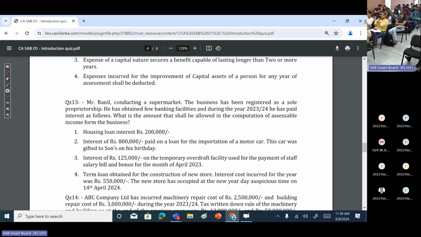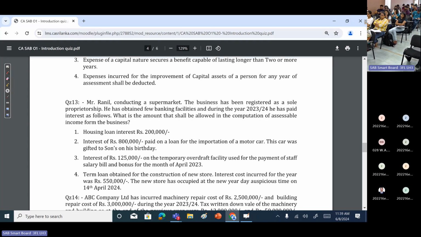What is the finance cost or the interest cost? What can we deduct? Which one? Can we claim the housing loan interest? No, it is domestic expenditure. Interest of 800,000 paid on the loan for importation of the motor car is also not deductible, because it has been gifted to the son. It is also domestic. Interest of rupees 125,000 on the temporary overdraft facility used for the payment of staff salary bill and bonus for the month of April 23, yeah, that can be deducted.